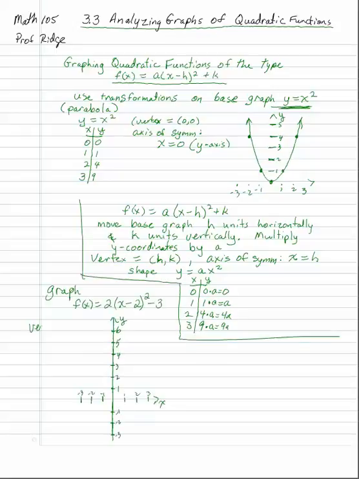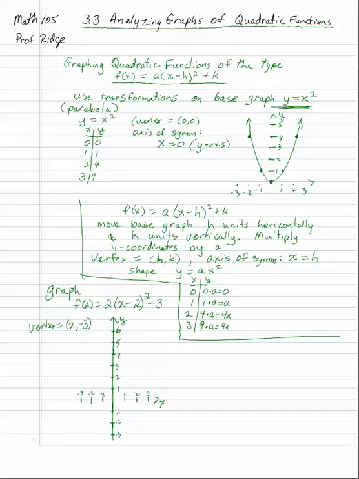Okay, so our vertex is going to be (h, k), which is (2, -3). Notice the h from the formula f(x) = a(x - h)² + k, and the vertex is h. So if you notice, the signs are opposites of each other. So here I got x - 2, so my x coordinate would be 2.